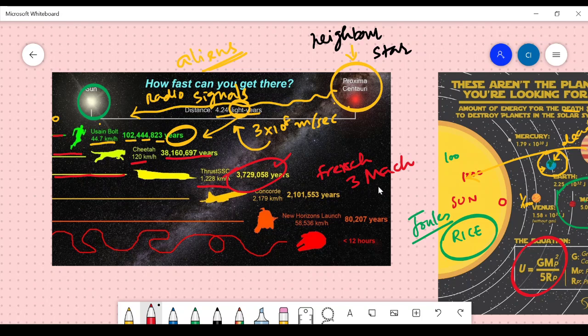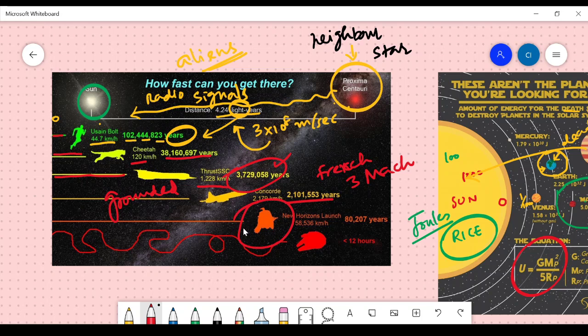We call it 3 Mach. It is now grounded because of some problems, as three Concordes had accidents. It would take about 21 lakh 1,553 years.